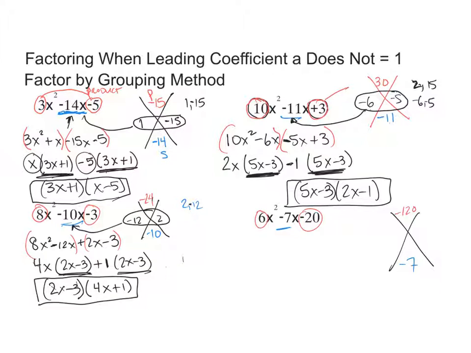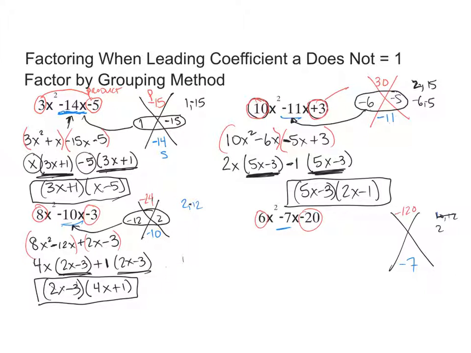So now, this one is tough to find the two factors. You could try 10 and 12. There's so many things that you can multiply to get 120, so this is going to take some guess and checking. If you try 10 and 12, these will multiply, but you can't get that sum.